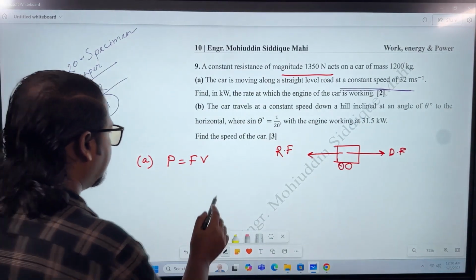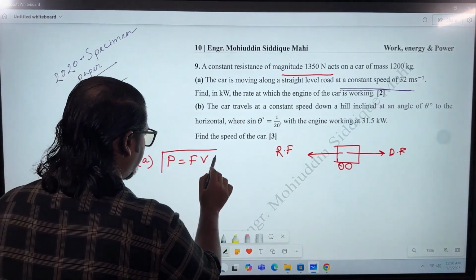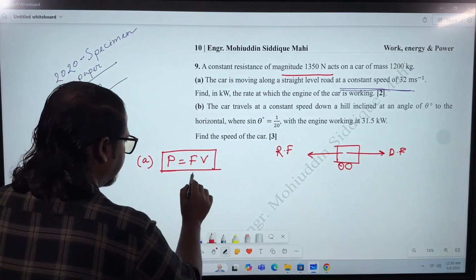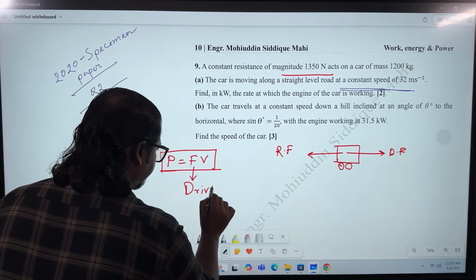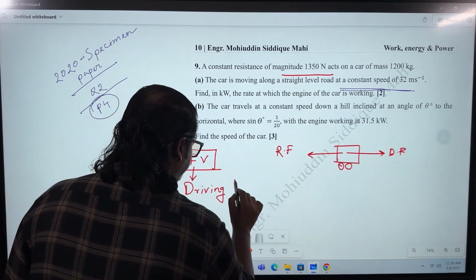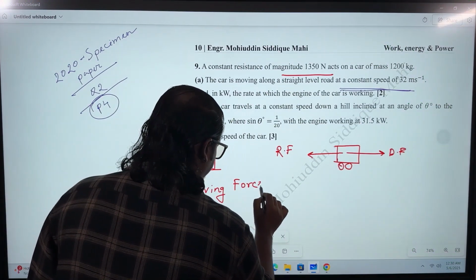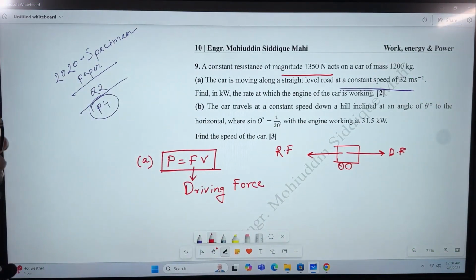So in this formula, power equals force into velocity, that force is actually the driving force.